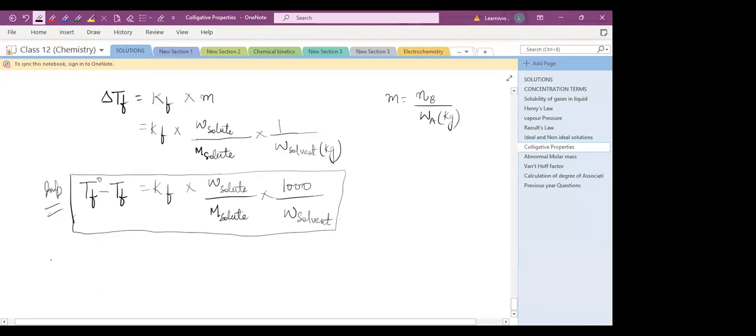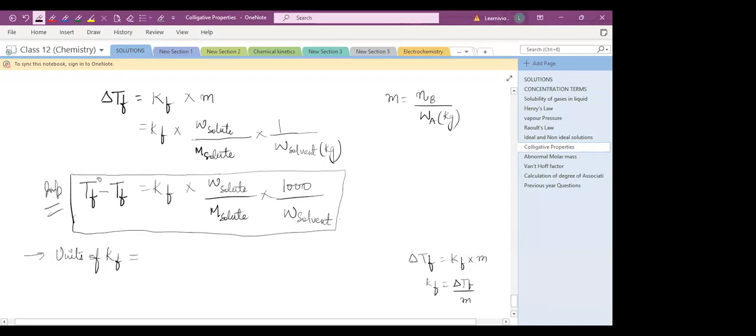And see, what is the unit of KF, the molar depression constant? It's delta TF upon m. Delta TF equals KF into m, so KF equals delta TF upon your molality.